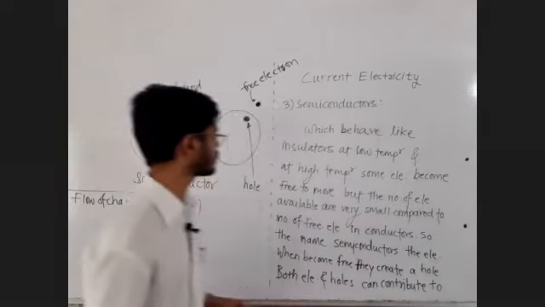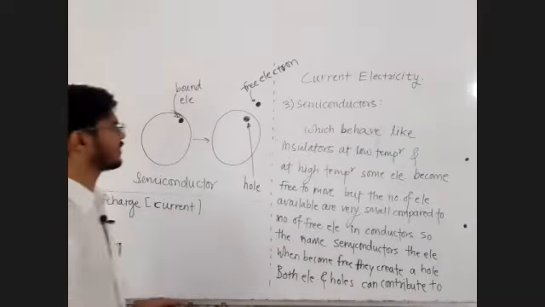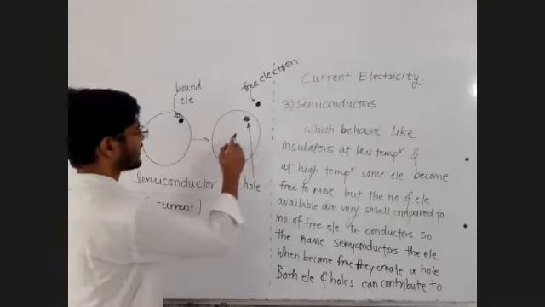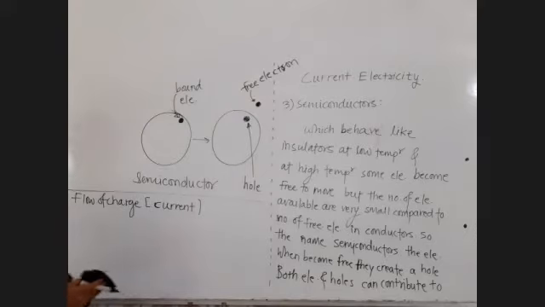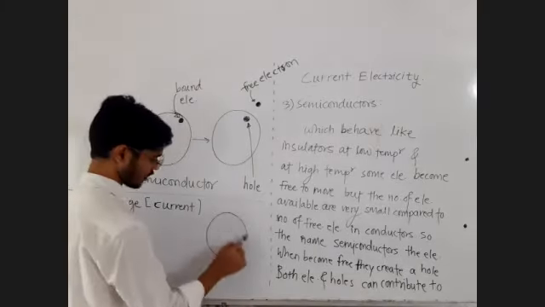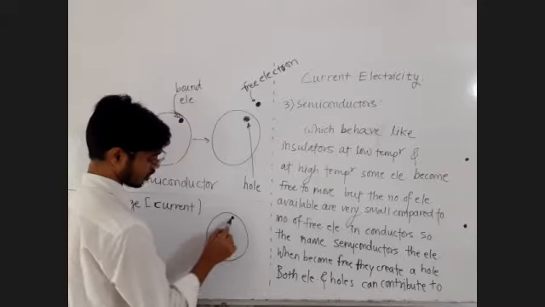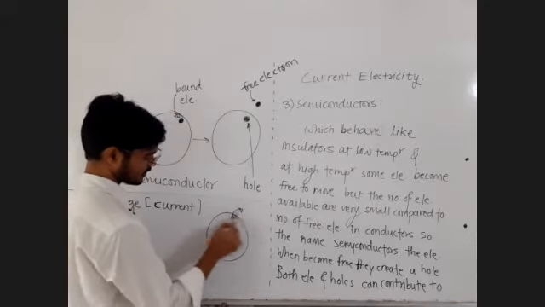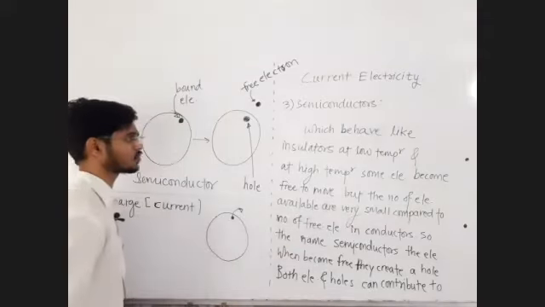It has a sufficient amount of energy that it is not under the influence of any atom. Actually, in every atom, whether it is a semiconductor case or a conductor case, if the electron has become free, it means that it is capable of overcoming the influence of the given atom. If it is able to overcome the influence of the given atom, it can overcome the influence of any other atom also.